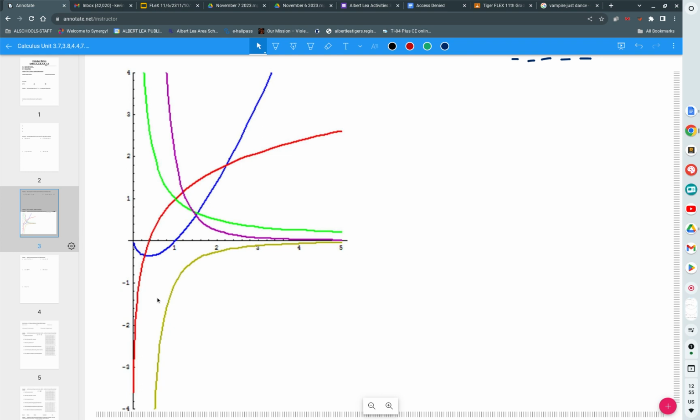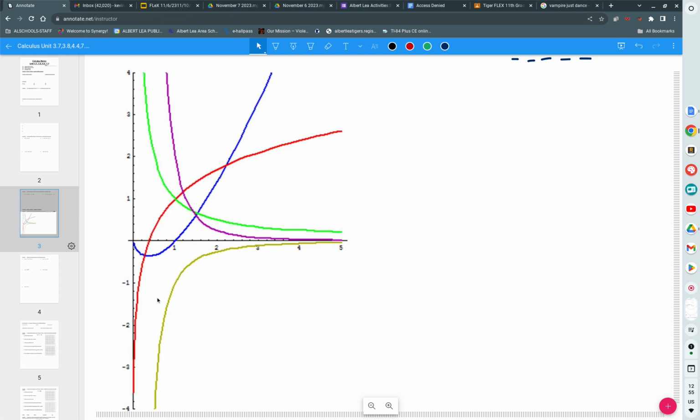3, 2, 1. I heard a lot of very intelligent statements made. You don't even necessarily have to pick out the original function or its first derivative, but can somebody say something intelligent about these graphs to determine which one is a derivative of another? Aiden, you said something. The lime green one, the derivative of it is always negative.